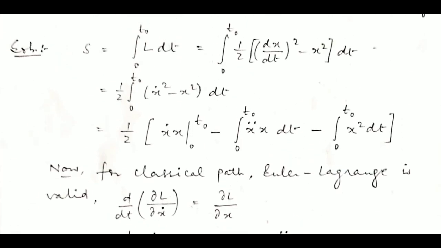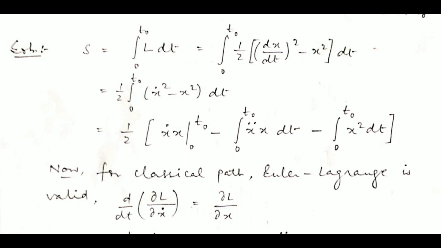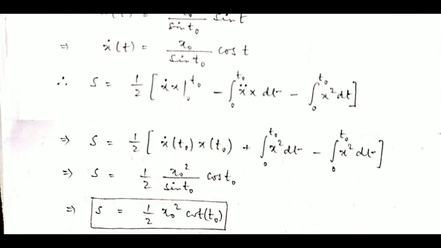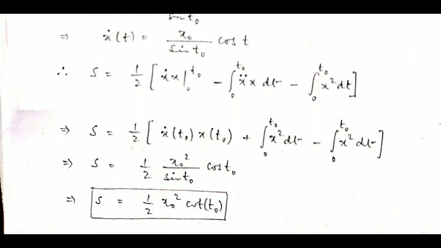If we replace these two in the equation that we got for the action, we finally get the action calculated as half into x dot at t naught into x at t naught plus x square dt from 0 to t naught minus x square dt from 0 to t naught. So finally the action comes out to be half into x naught square cot of t naught.